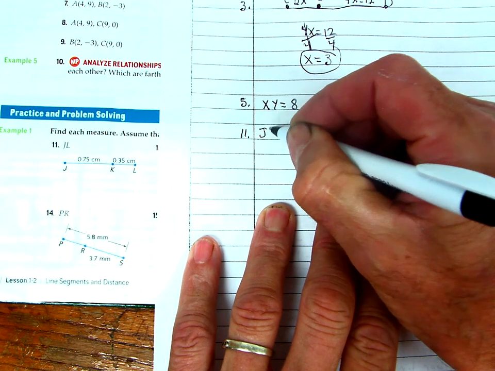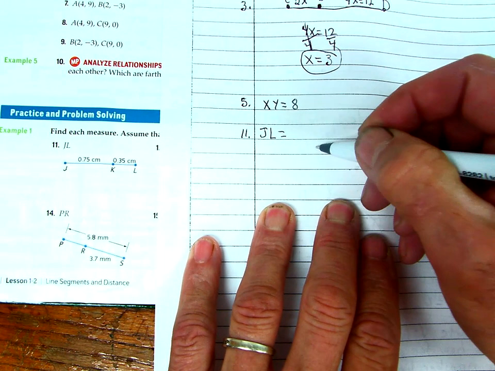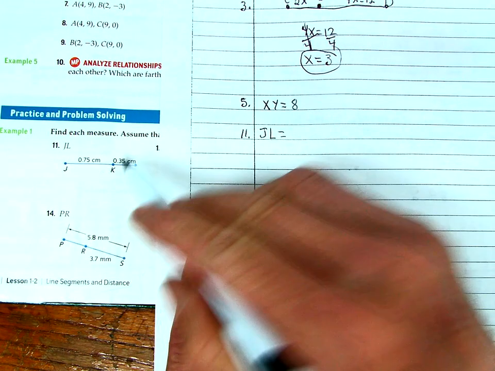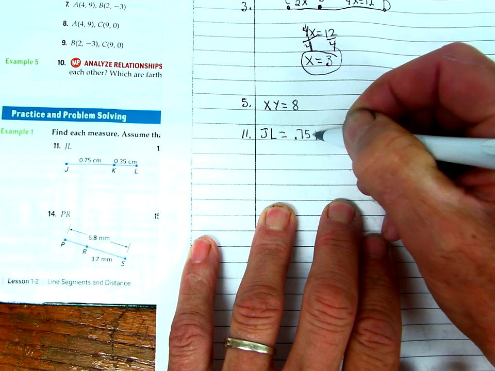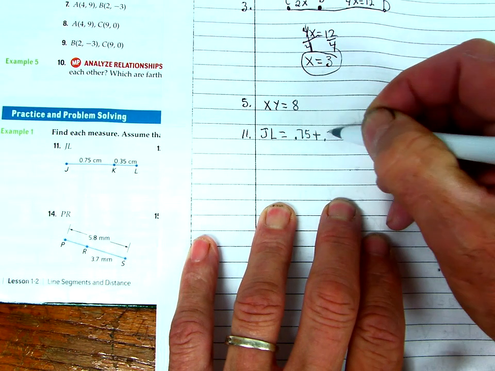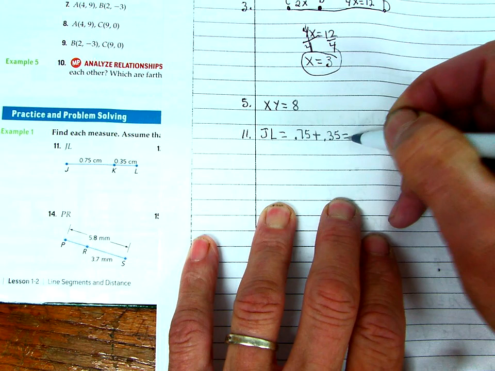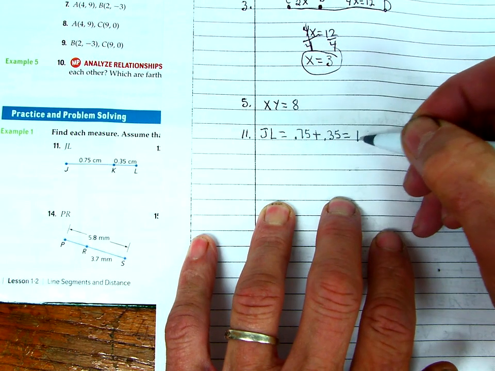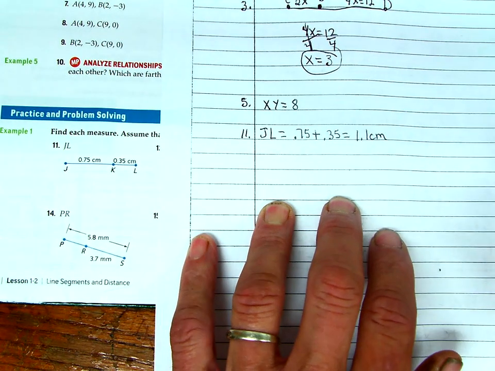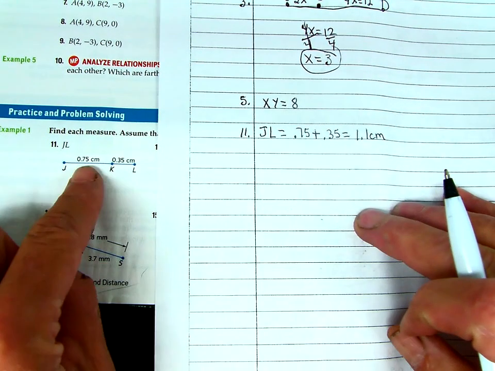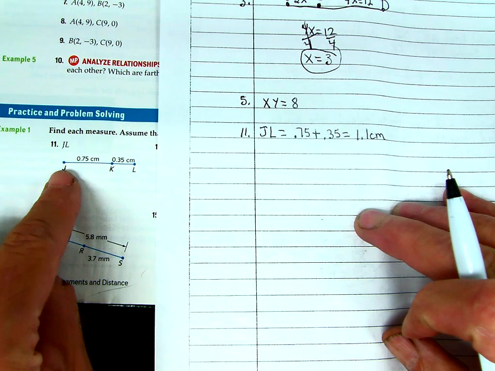So JL equals this part plus this part. 0.75 plus 0.35 equals 1.1 centimeters. The parts added together equal the whole.